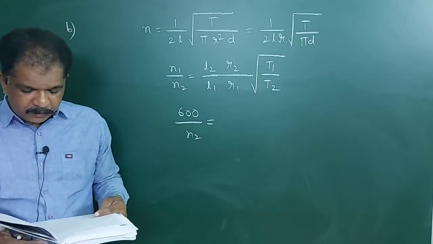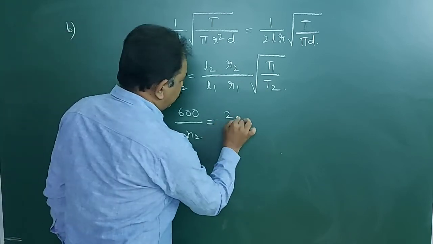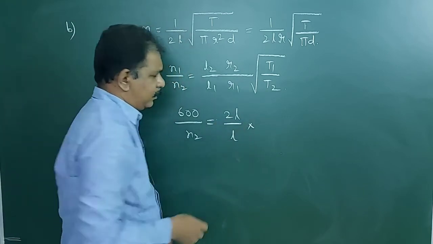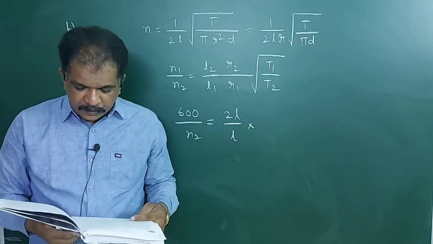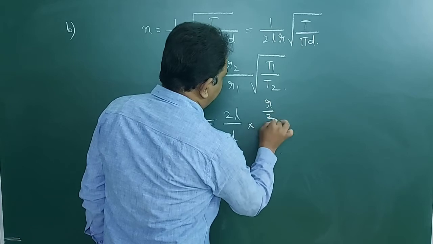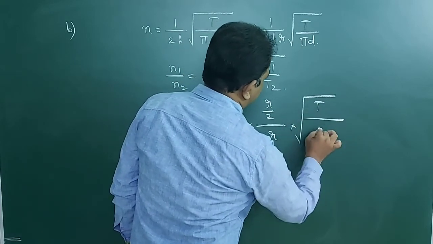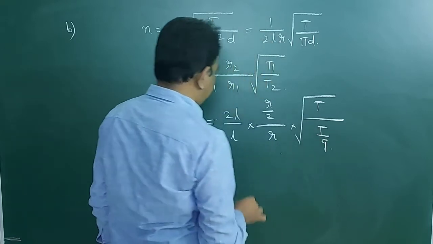What they mentioned about the length, length is doubled, 2L by L. What happened to the radius? Radius is halved, R by 2 by R. Tension, what happened means T by 9.